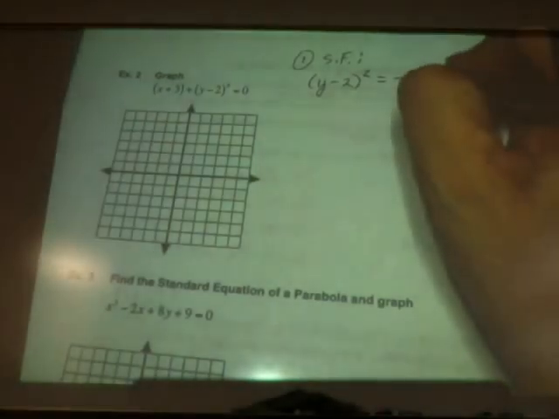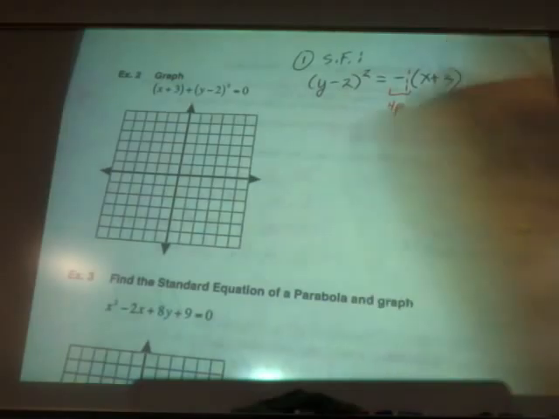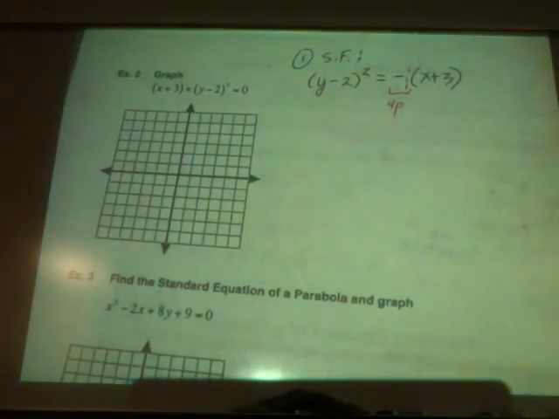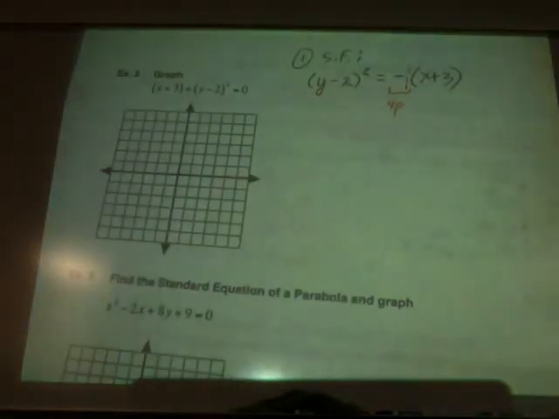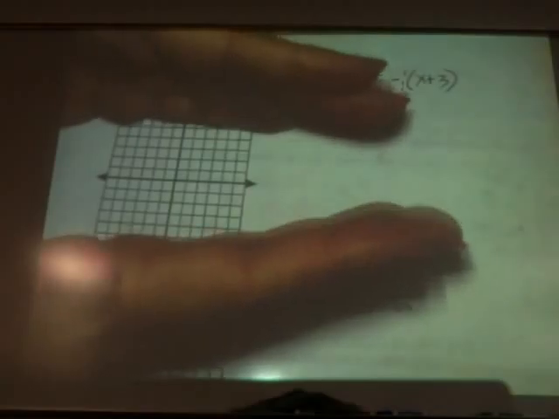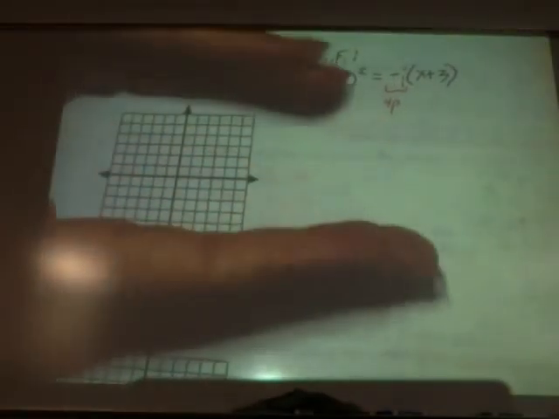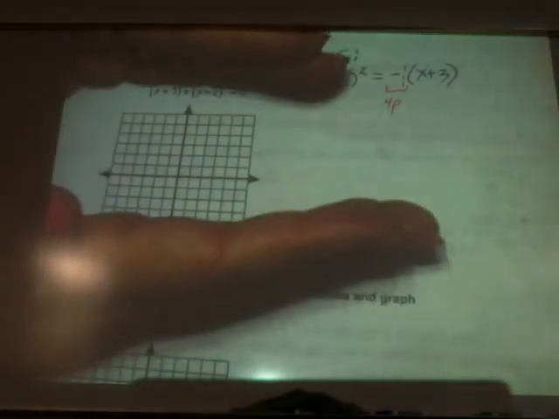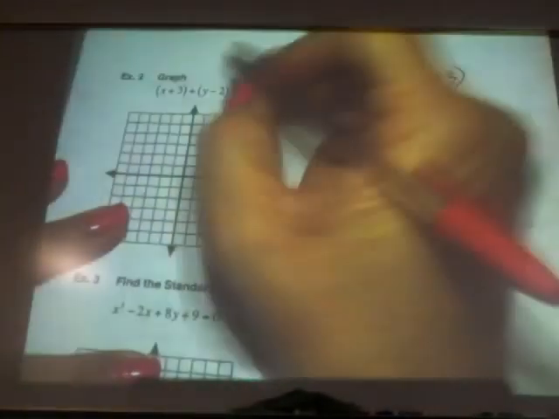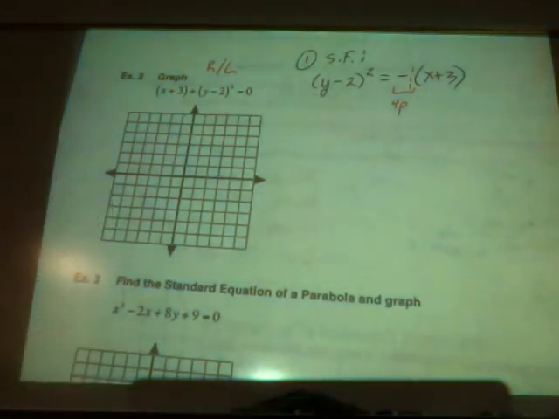A negative 1, right? Doesn't this right here represent 4p? That thing that's in front of the parentheses is 4p, right? Then, because the y is being squared, put your hands around the y-axis. I'm going what? Up, down, right, or left? Right and left. I don't know which yet, but I know that this is right or left. So I kind of have an idea.